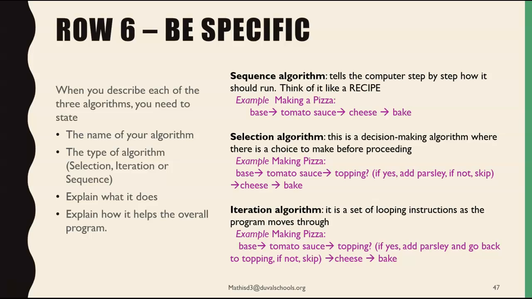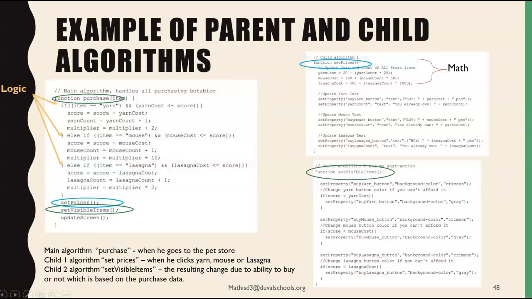So those are the three specific things. So in the example, we know that here's the logic: if, else, else if. We know that we've got math because it's adding values, or it's multiplying values in the outcome.